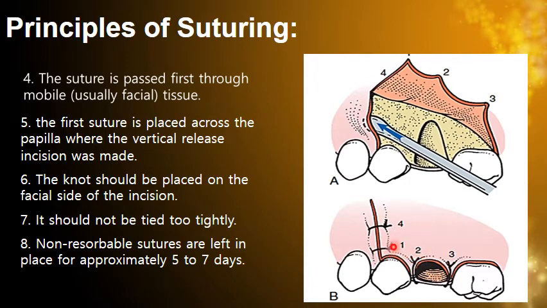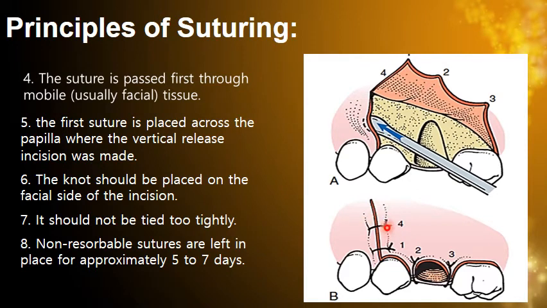And then after this one, I will close the interdental papillae of the horizontal incision and then see the vertical incision. Sometimes it will need one stitch, sometimes two stitches.